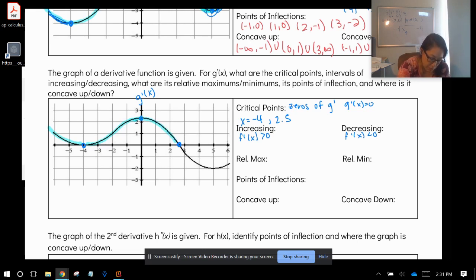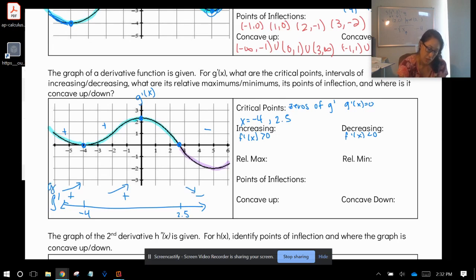And then after 2.5, the y values are negative. So we have positive, positive, negative. So if I were to draw that on a number line, 2.5, I would have tested the values to get positive outputs and negative outputs, telling me this is increasing, increasing, decreasing for the graph of g.